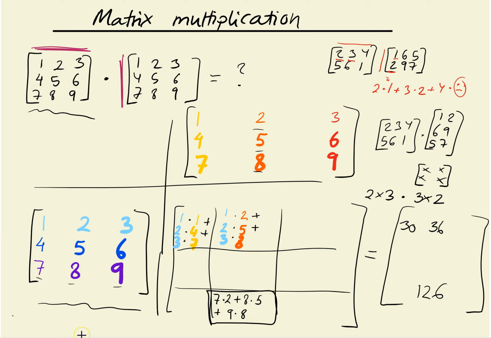The condition that must be met in order to make this multiplication possible is that these two numbers should be the same. That is the number of columns in the first matrix and the number of rows in the second matrix. And the result will be a matrix of this dimension, 2 by 2.